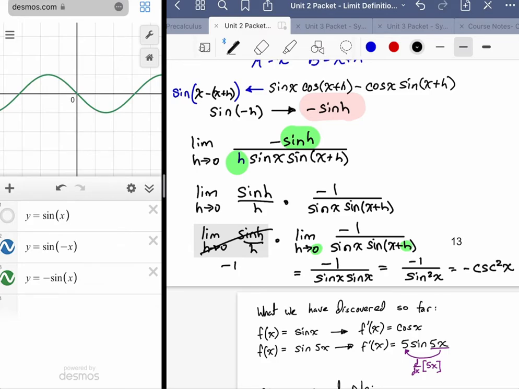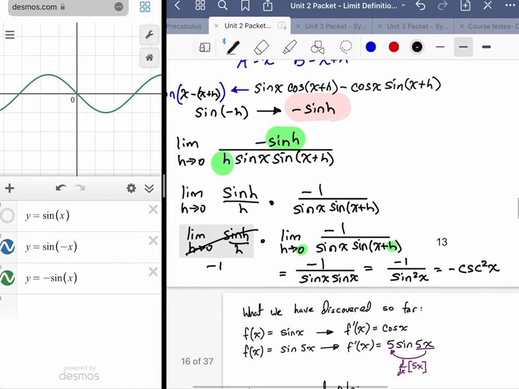So what I've been doing on the sideboard, just putting down all the different relationships we came up with. I've been also putting them in the notes, but this is kind of an important relationship. So we have f of x equal to tangent of x. We're working on cotangent, but tangent for now gives us a derivative of secant squared x.